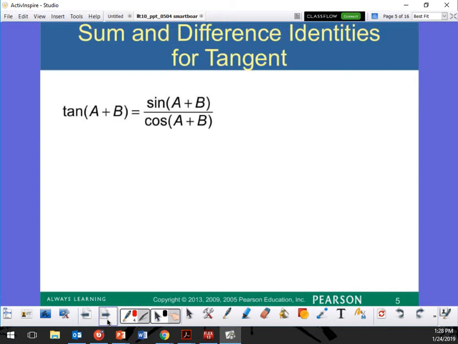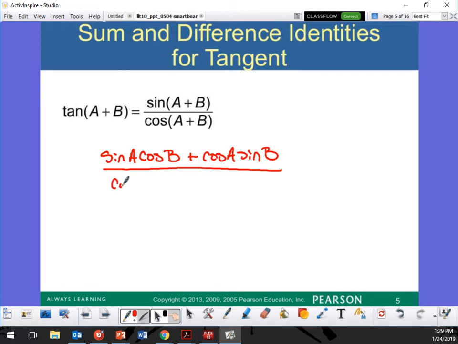So this would be sine A cosine B plus cosine A sine B, all over cosine A cosine B minus sine A sine B.